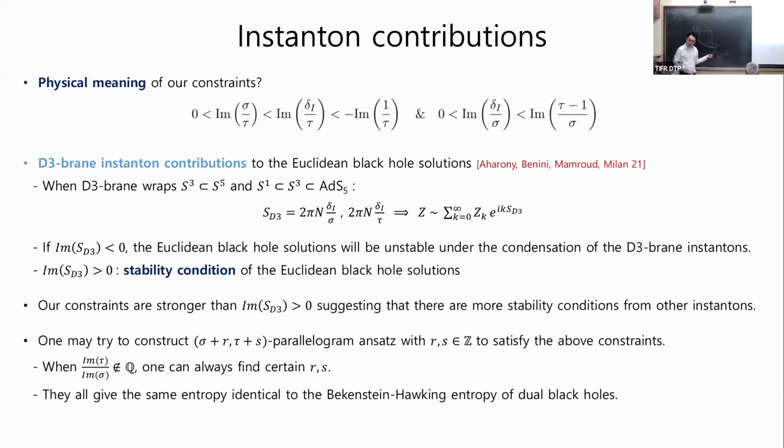So this is usually the non-perturbative corrections to our classical saddle point, and the problem is that if it is larger than 0, then this vacuum is unstable, and this distributed instanton wants to condense and go to some other, more stable saddle point.